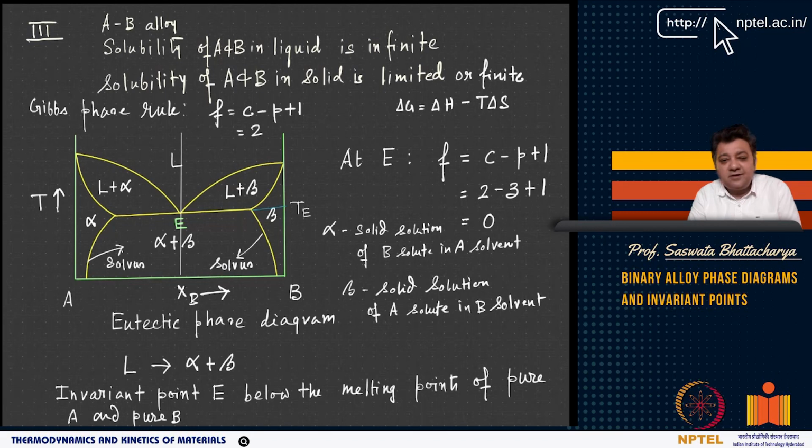However, in the solid state, in the type 1 phase diagram, you had zero solubility of A and B. A and B coexisted as pure A and pure B, and did not mix. For example, bismuth and cadmium do not mix at all in the solid state. However, in the liquid state, they completely mix.